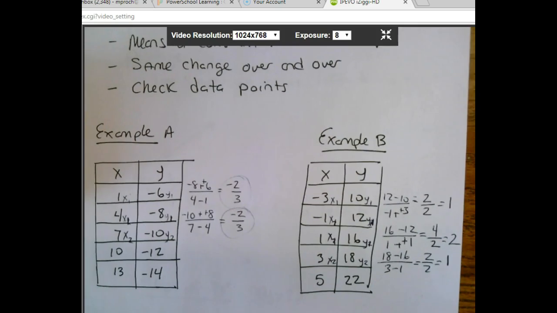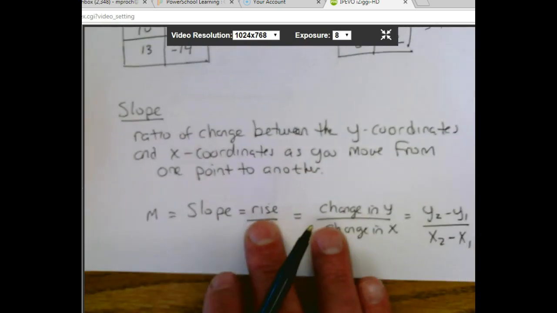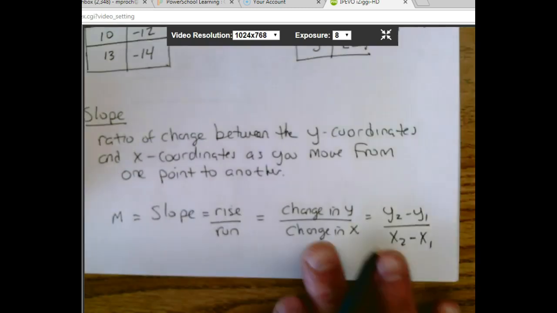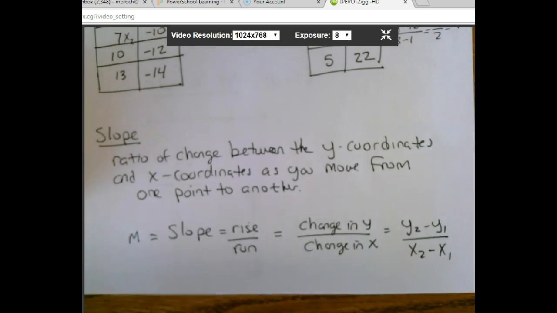Okay. So then if we keep going with this idea of rate of change, another term that's really synonymous with that is slope. So if we look at the definition of slope, it is the rate of change between the y-coordinates and the x-coordinates as you move from one point to another. The equation we use for that is m equals slope, or m is the same as saying slope.